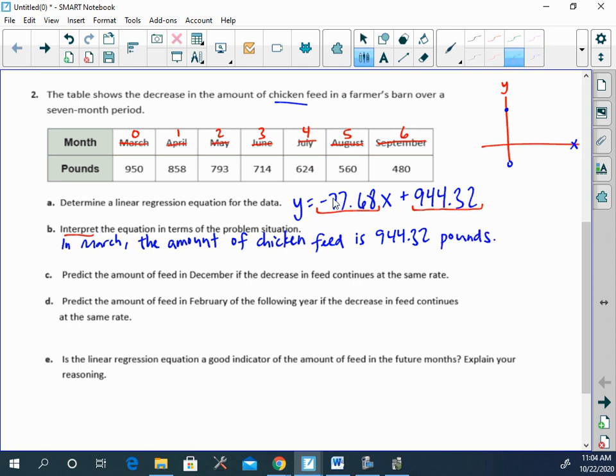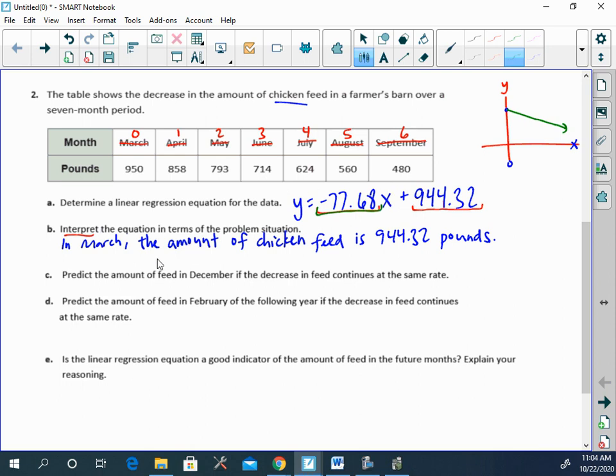All right, and then the other part here was the slope. Because the slope is negative, that means the amount of pounds is going down by that much. A negative slope would be going down. So it's going down by this much every time your x goes up by 1.